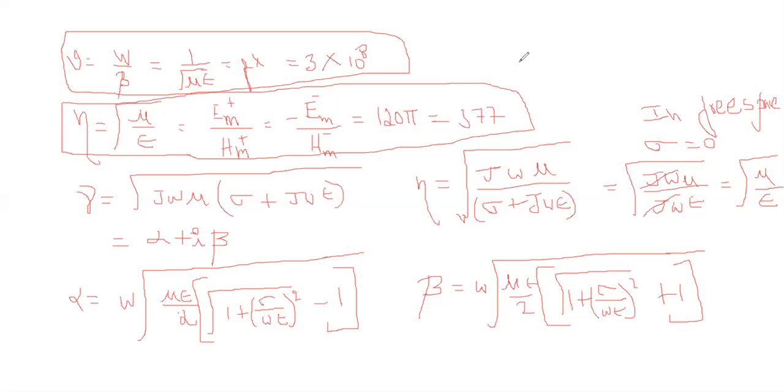For lossless, alpha is equal to 0. There is no attenuation, no loss. Lossy means alpha, the attenuation constant, is present.